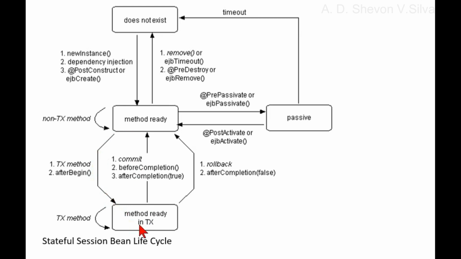Commit, then before completion, then after completion true pass from method ready in transaction to method ready. Rollback, then after completion false pass from method ready in transaction to method ready.